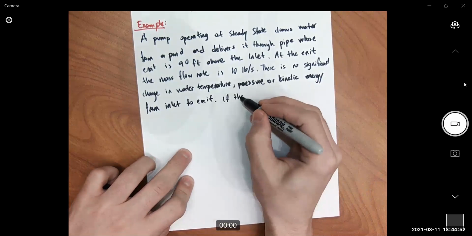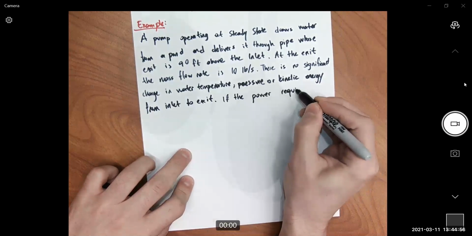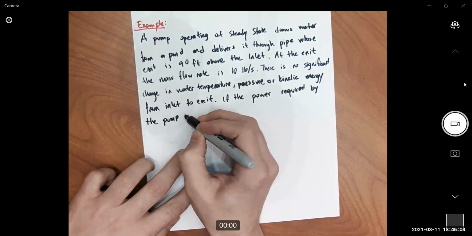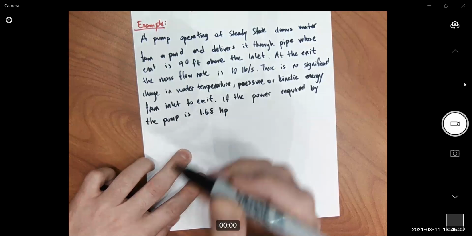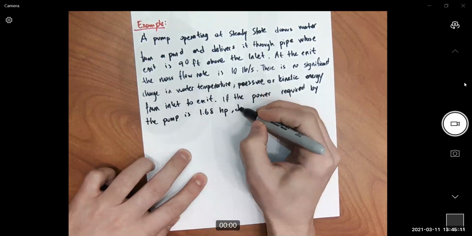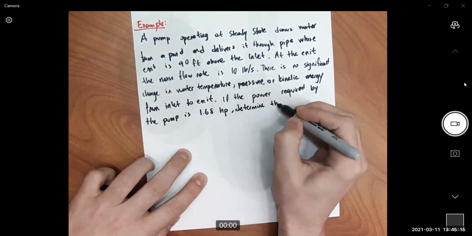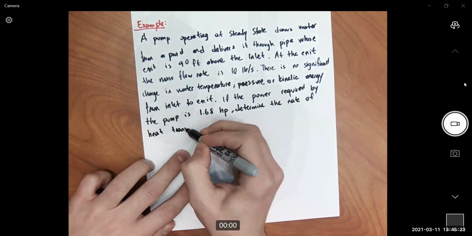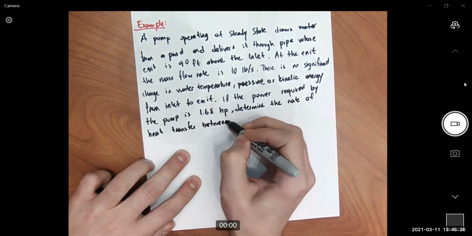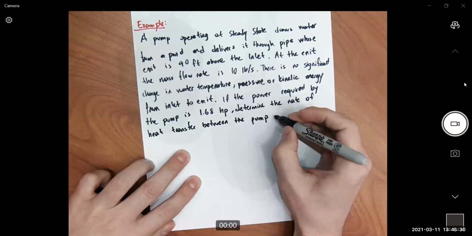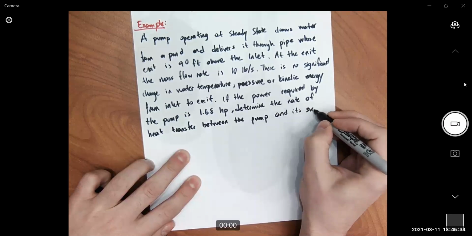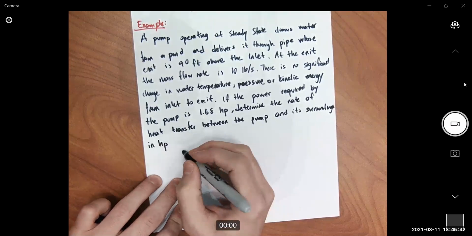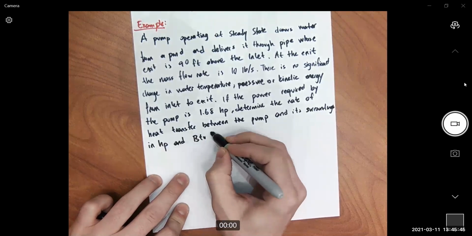If the power required by the pump is 1.68 horsepower, determine the rate of heat transfer between the pump and its surroundings in horsepower and BTU per minute.